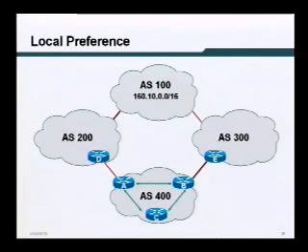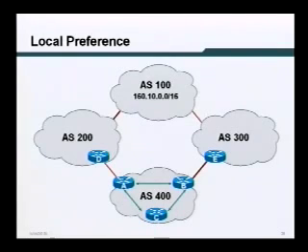Now, not the first, I suppose, the second of the really, really useful attributes. AS path is a very useful one. Local preference is the second really useful attribute. Now, we've looked at simple situations in the introductory part. What happens when your network's connected like this? You've got AS400. It's got two possible ways to get to AS100.